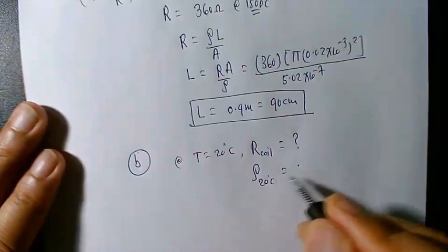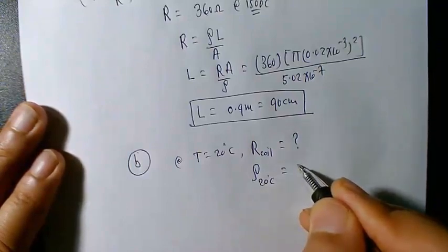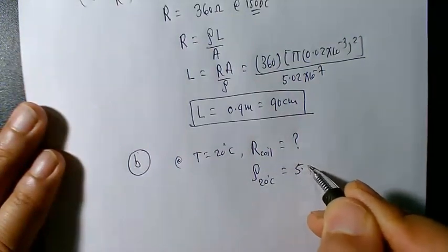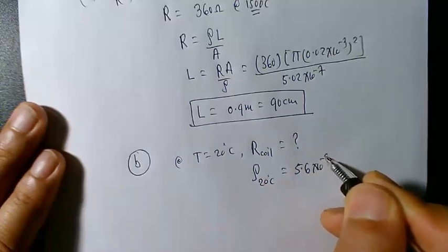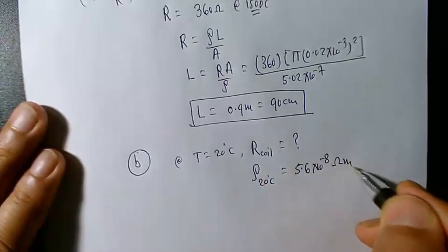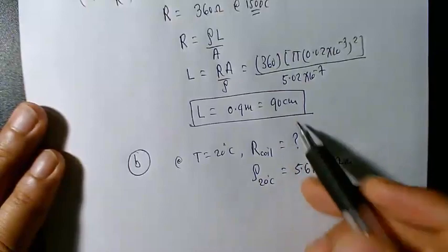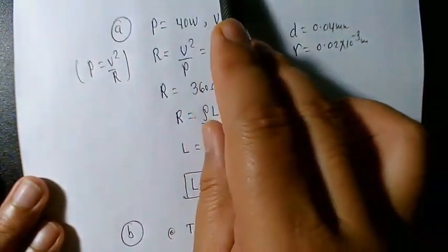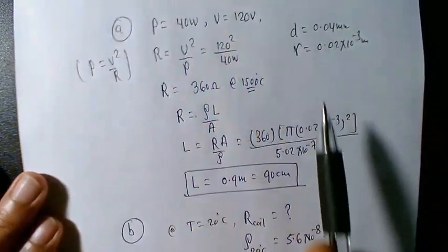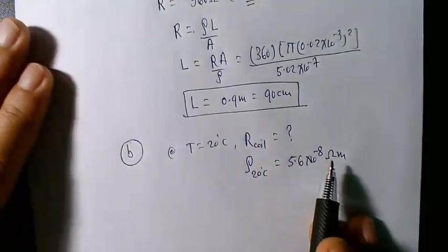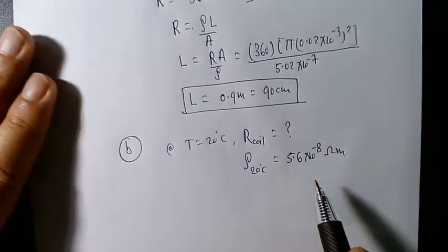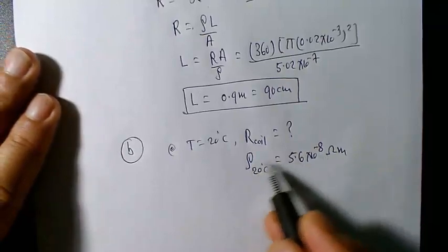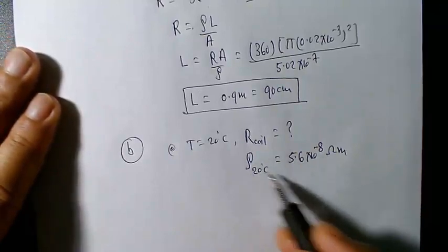The resistivity is quite different at room temperature. It's very low, 5.6 times 10 to the power negative 8 ohm meters, from the table. You can't use the original resistivity given, because that is at the operating temperature of 1500 degrees Celsius, but we want the resistance at 20 degrees Celsius, and at 20 degrees Celsius this is the resistivity for tungsten.